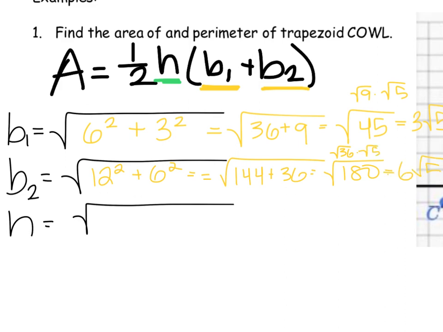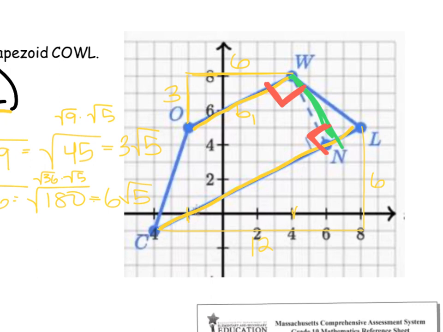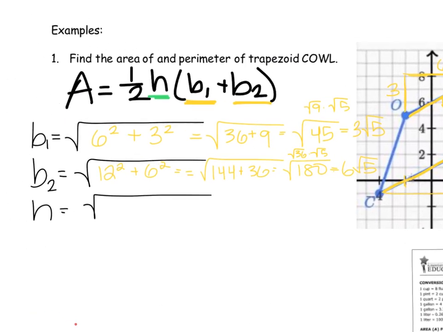And then finally, I need to find the height of my shape, of my trapezoid. And the height of my trapezoid is this segment from W to N here, and it looks like vertically my height is 4, and horizontally it's 2. So that means that my change in x is 2, and my change in y is 4.